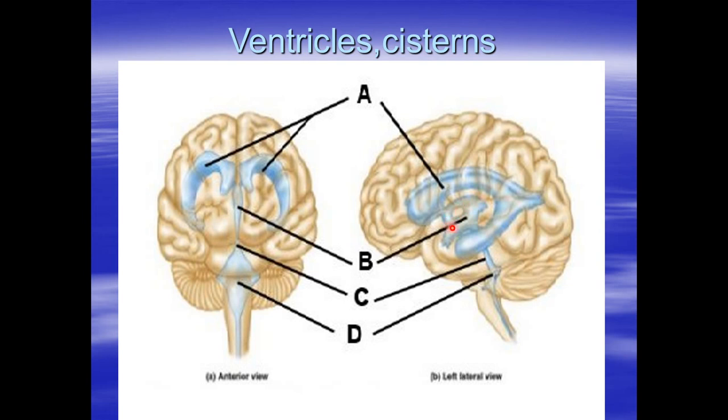The third ventricle communicates via this small duct, the Sylvian aqueduct located within the midbrain, with the fourth ventricle here, and from the fourth ventricle it continues into the spinal canal.